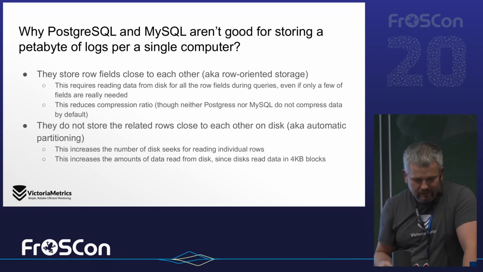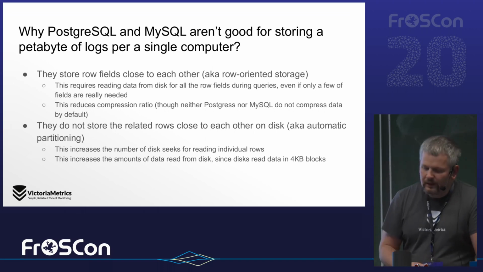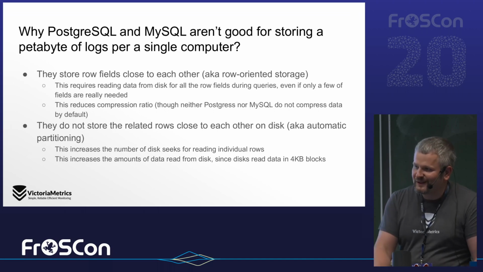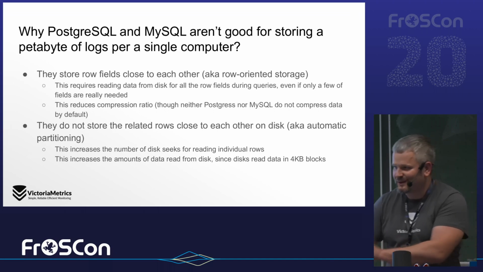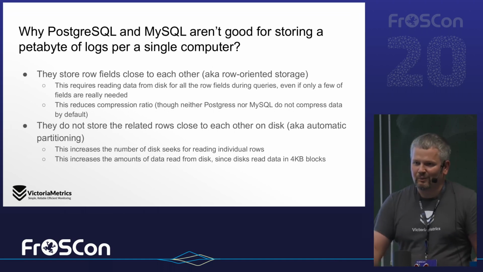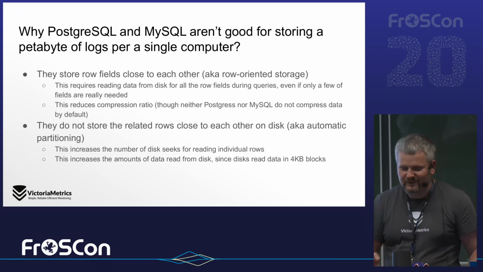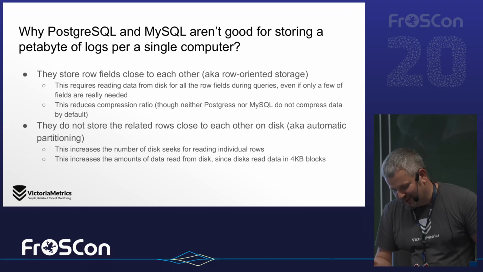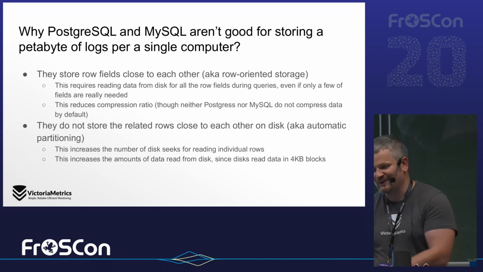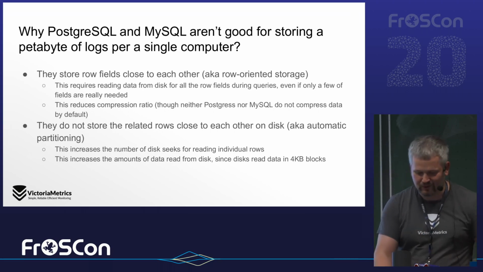The second problem is that this also increases the amount of data which needs to be read from disk, because disks, at the operating system level and lower levels, cannot read data at 1 byte granularity. They usually read data in 4 kilobyte blocks. This means that if you need to read only 1 byte from disk, in reality the disk will read 4 kilobytes of data and return only 1 byte out of these 4 kilobytes.